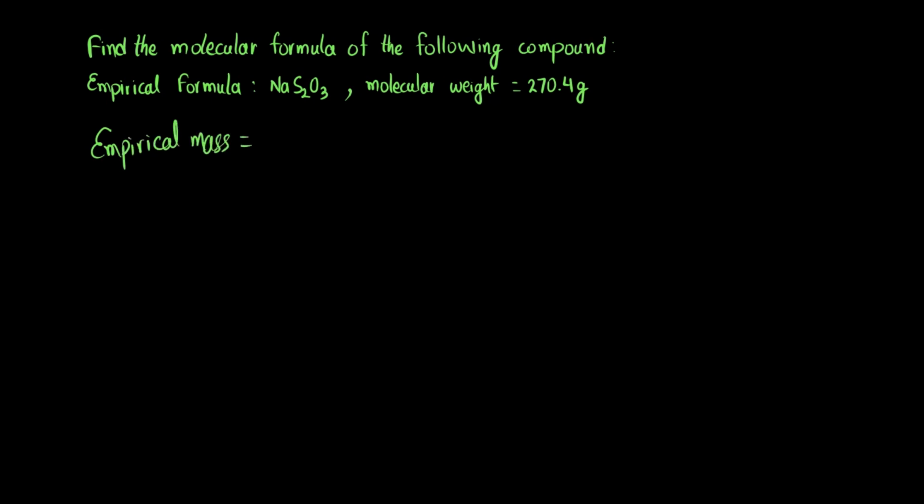That would be equal to mass of sodium. Since we have only 1 mole of sodium, we do 1 times the molar mass of sodium, which is 23. And then we have 2 moles of sulfur, 2 times the molar mass of sulfur, which is 32.